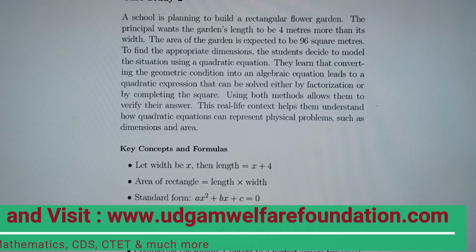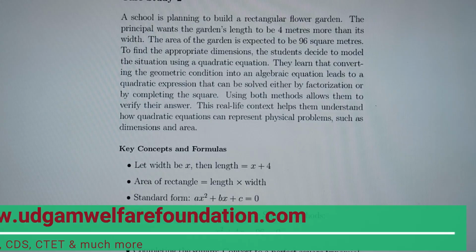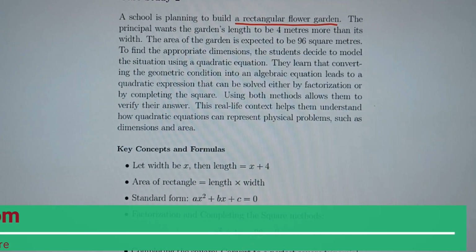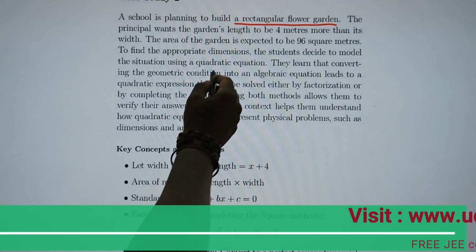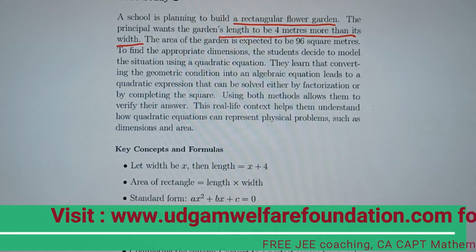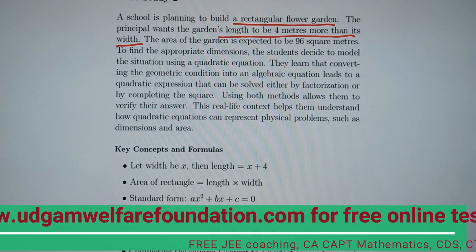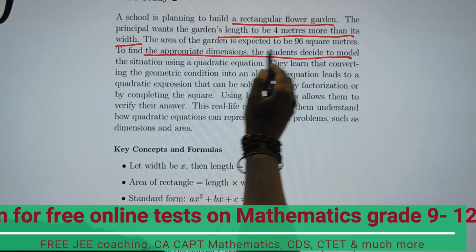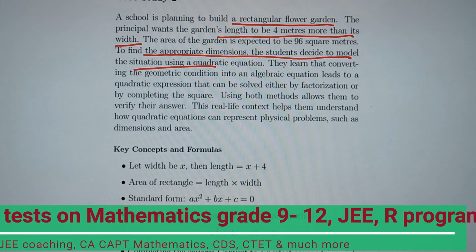So students, here comes our case study number 2, which states: a school is planning to build a rectangular flower garden. The principal wants the garden's length to be 4 meters more than its width. The area of the garden is expected to be 96 square meters. To find the appropriate dimensions, the students decide to model the situation using a quadratic equation.